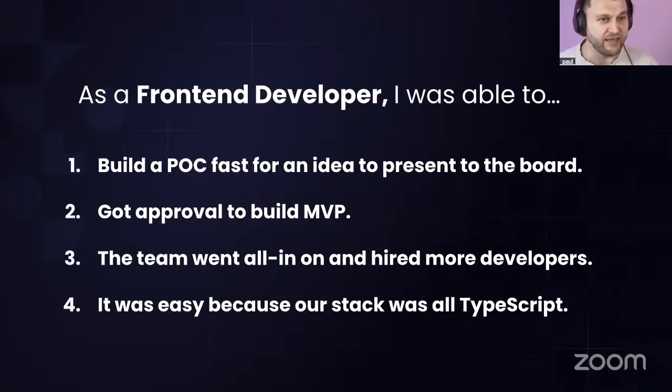I'm going to use a headless CMS like Strapi for the backend. And what that allowed me to do as a junior developer was try an idea. I was able to build a POC really fast. The board was super excited, so it got approved to build a minimum viable product. And honestly, that idea took off, because we were able to take the MVP, put it to users, and the users were like, yeah, we definitely want this, and they actually hired more developers.